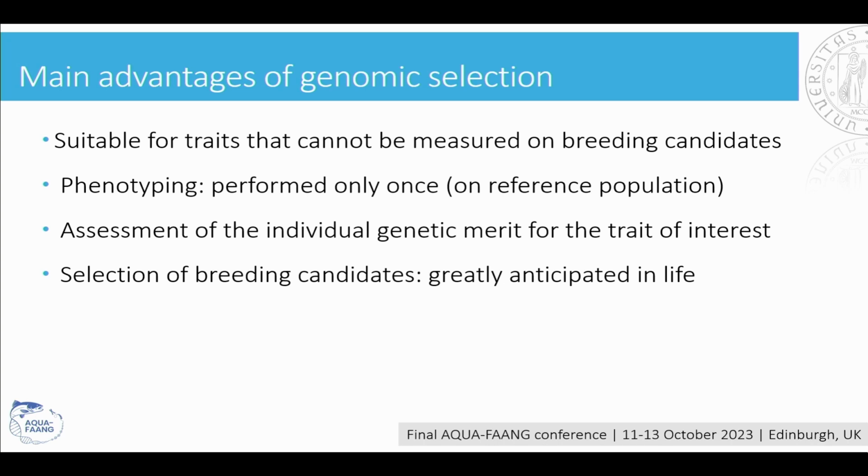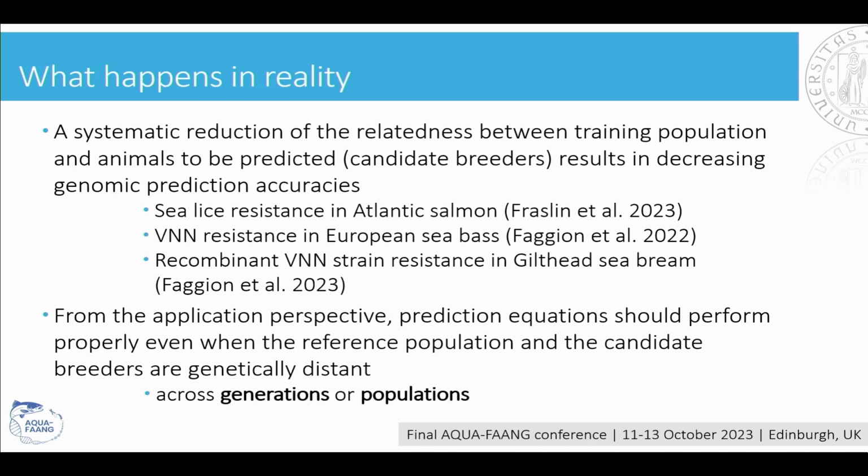So I was saying, is it true that you can phenotype only once? What happens in reality? What we have seen is that there is a reduction in genomic prediction accuracy when the relatedness between the training population, the reference population, and the animals to be predicted is low.